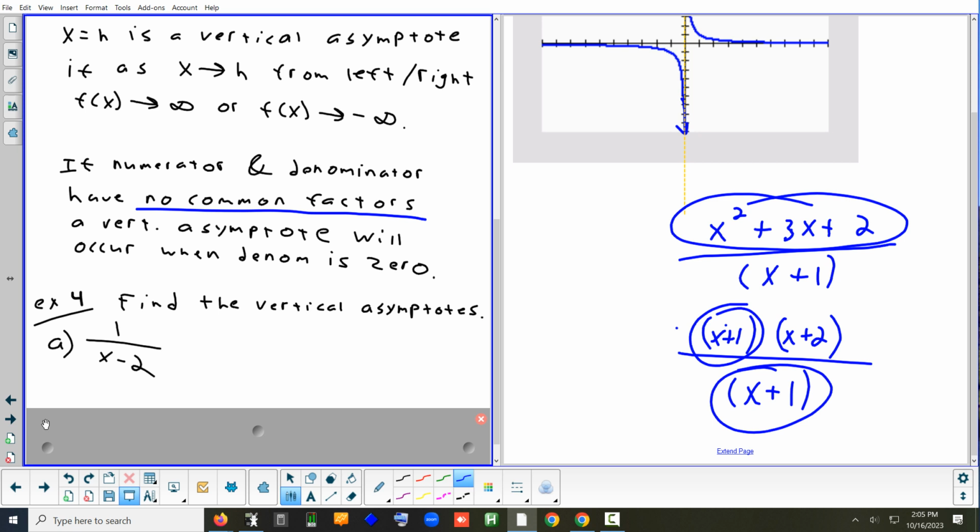So now if we look at 4a, do the top and the bottom have a common factor of x minus 2 or not? No. The top is just a number. There's nothing you can even factor in the top. It's not like it's a quadratic. It's just a 1.